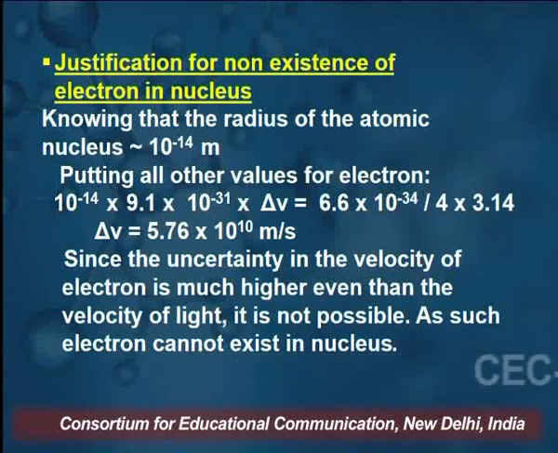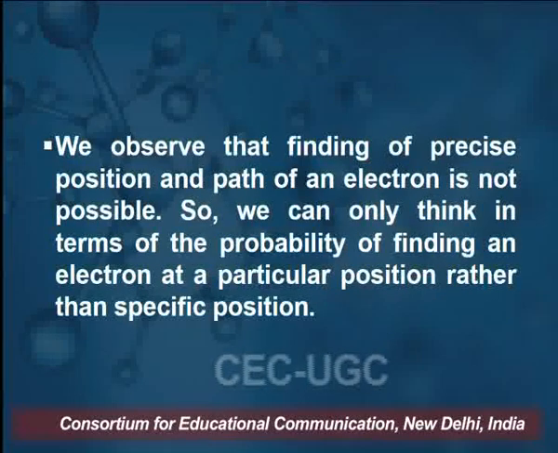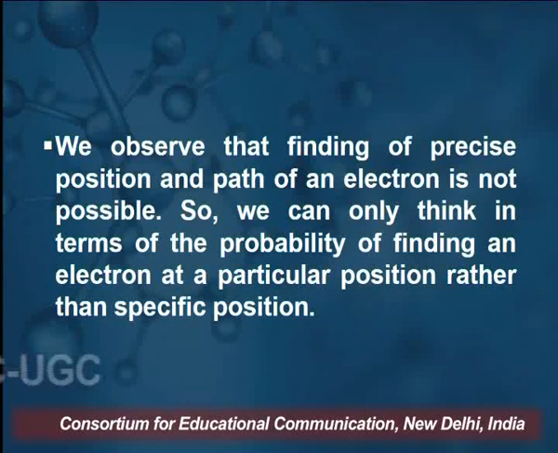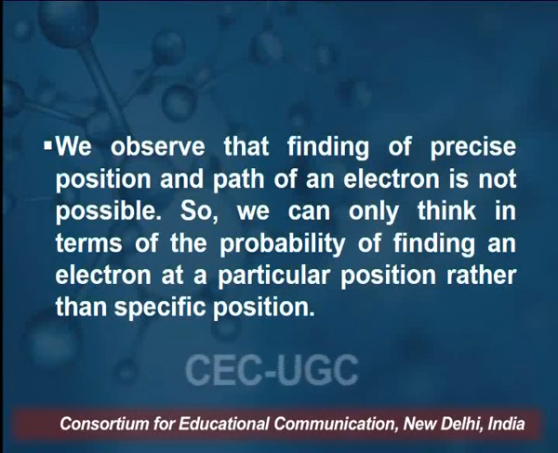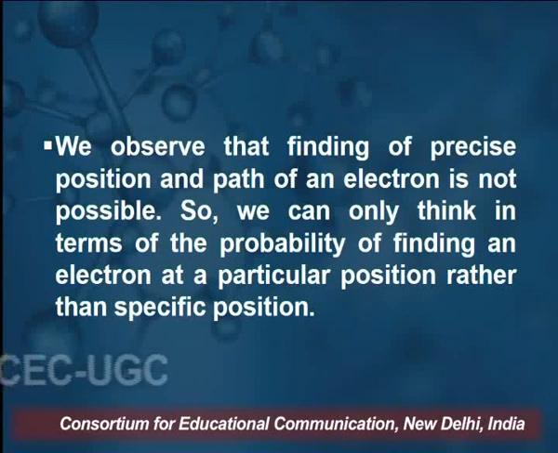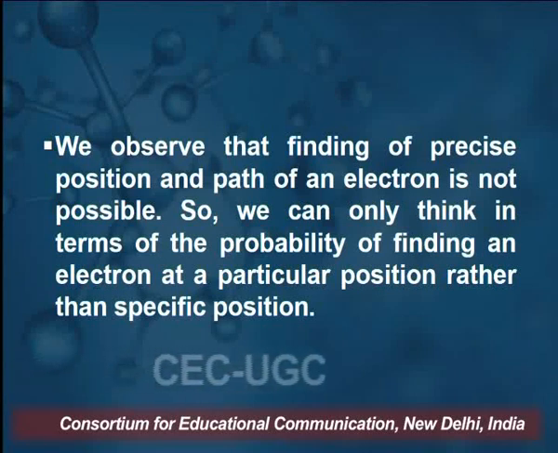That is why we can conclude that an electron cannot exist in the nucleus. We observe that finding the precise position and path of an electron is not possible. So we can only think in terms of the probability of finding an electron at a particular position rather than a specific position, and that we will study in the wave mechanical model of the atom.